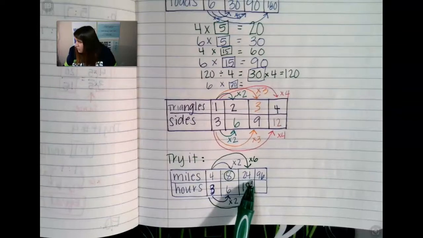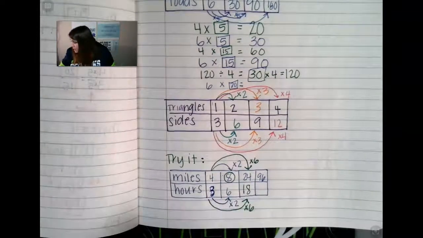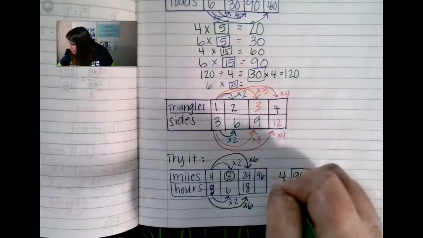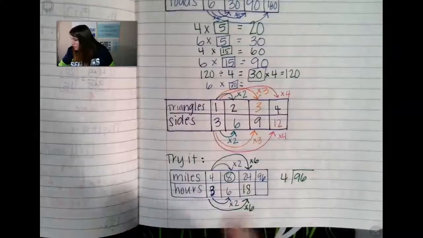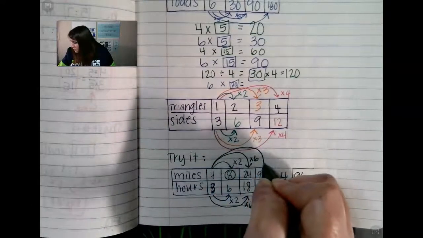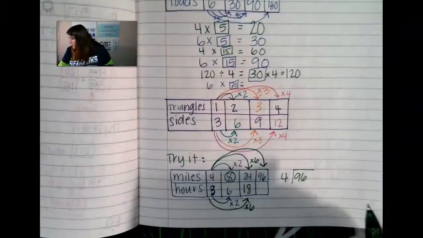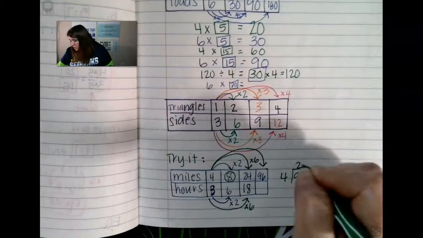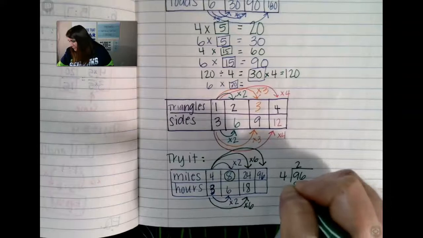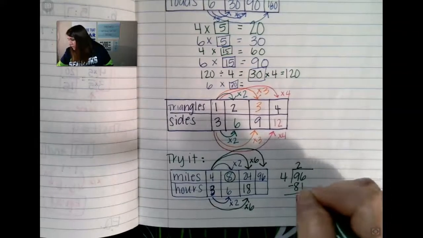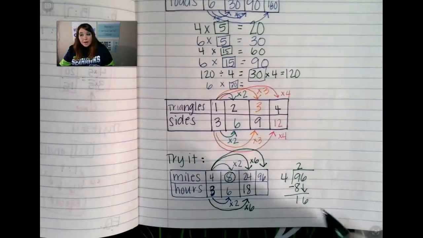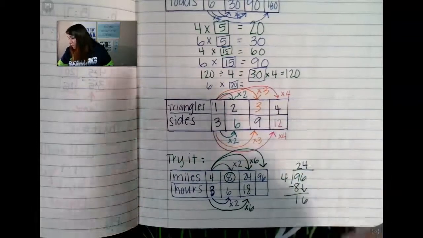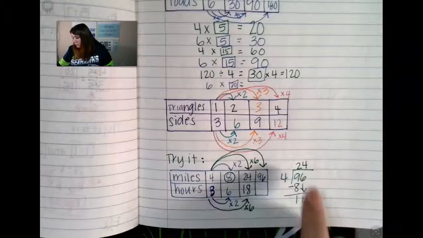I can solve this one by going 96 divided by 4, because my multiplicative relationship goes from this 4 here to this 96. I know that 4 can go into 96, 24 times. So my multiplier is 24.